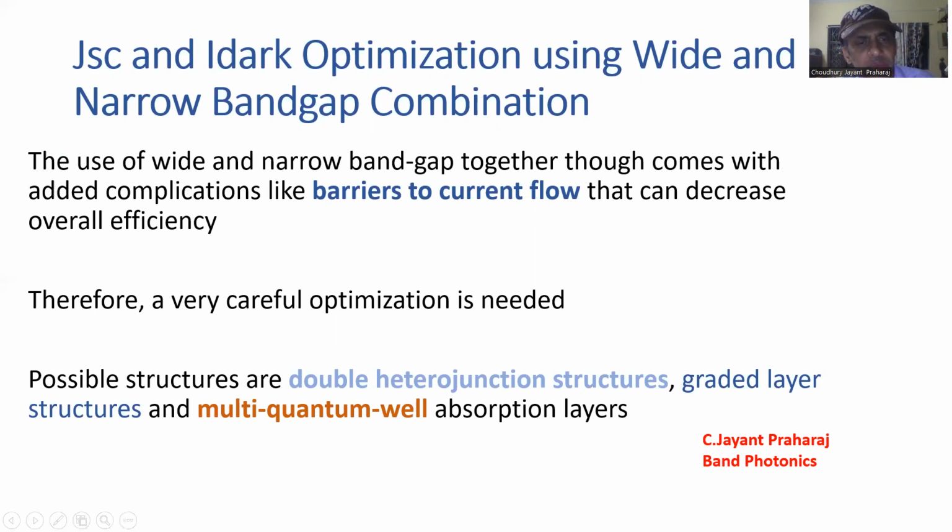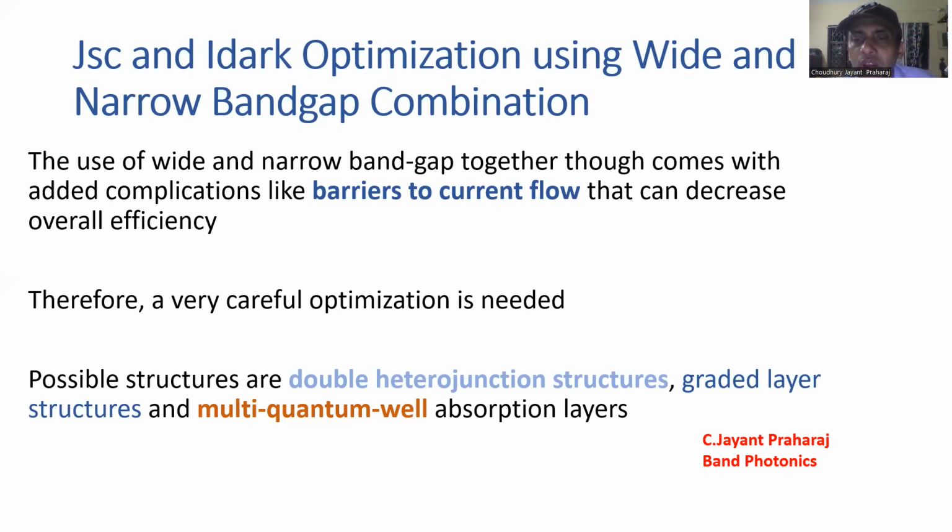Now, possible types of structures that can be used to achieve solar cells are, for example, double heterojunction structures, some graded layer structures, and some multi-quantum well absorption layers. In this talk, we focus mainly on graded layer structures. Graded layer structures have the advantage that they achieve conduction band profile grading and valence band profile grading without major band discontinuities and without major barriers to current flow.